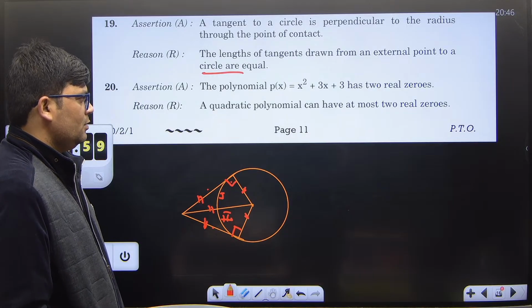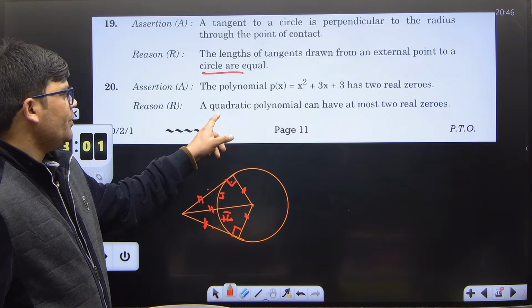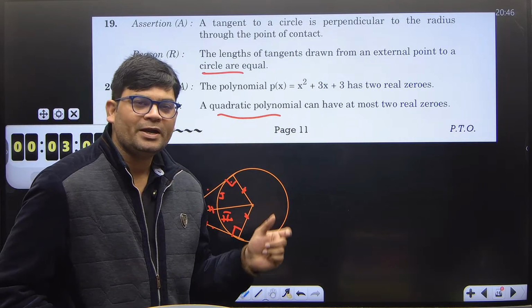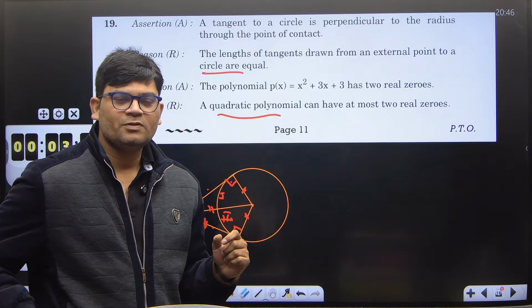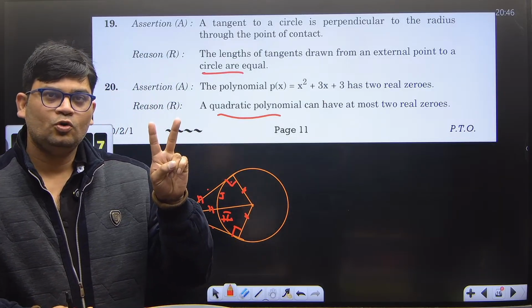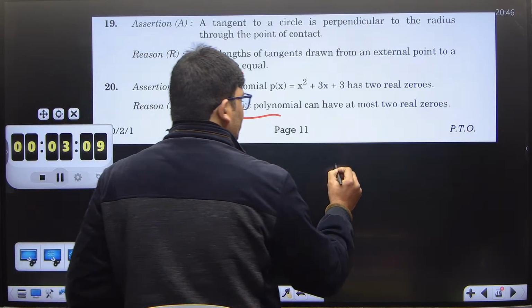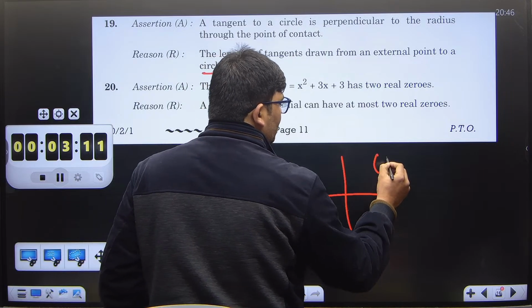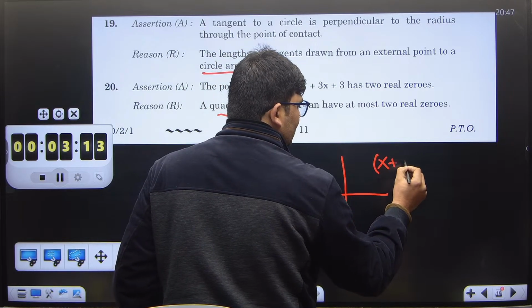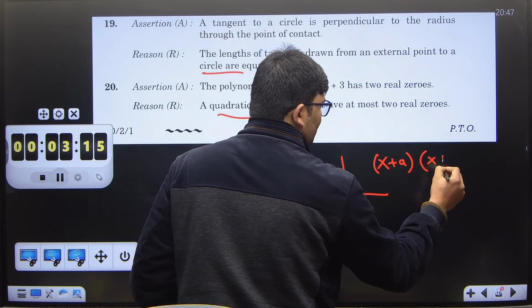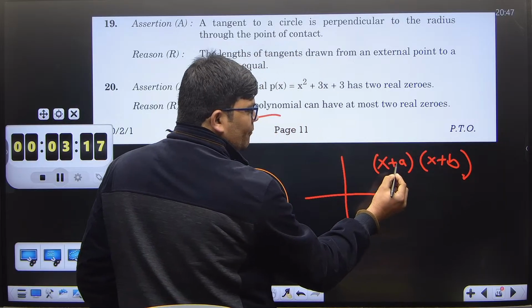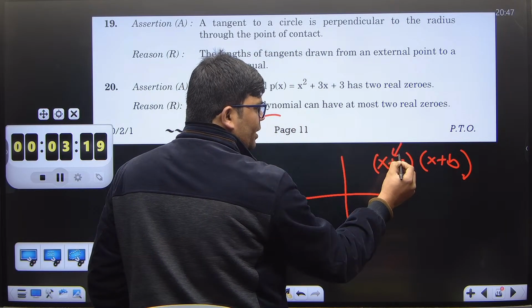I am not sure. Okay, if it is quadratic, what is the power, my dear? What is the highest power of the expression? 2. So with a degree 2 expression, you can form two linear factors. You can think like x plus a and x plus b. So you can have a maximum of 2 zeros, one from here and one from here.